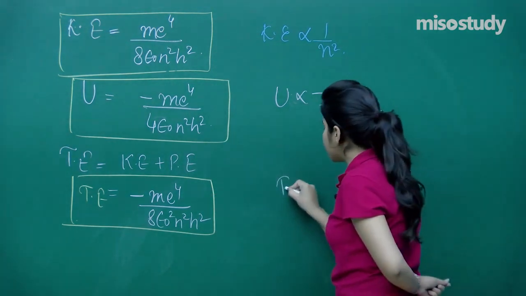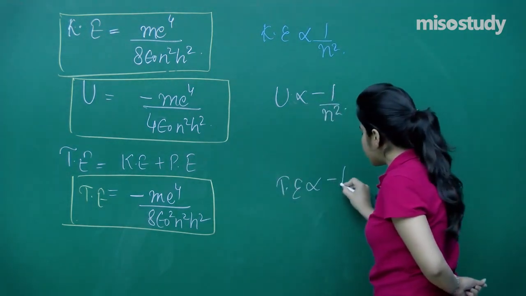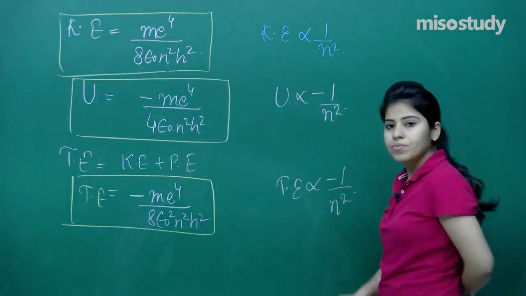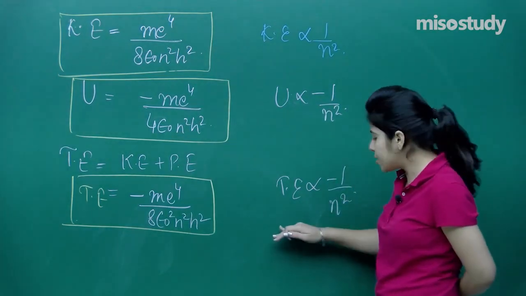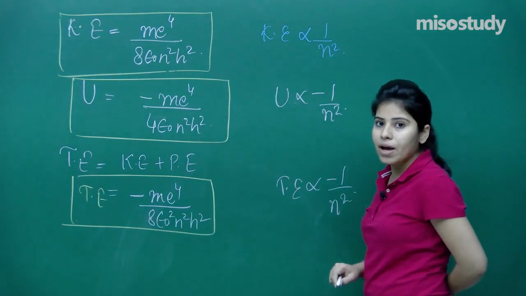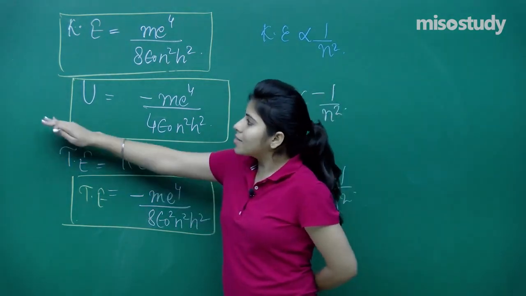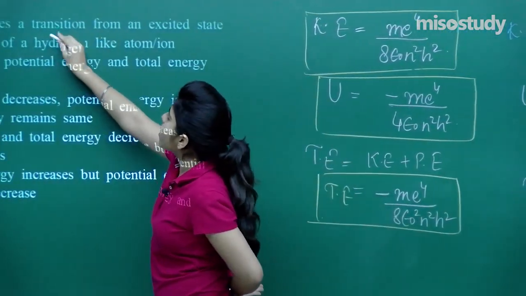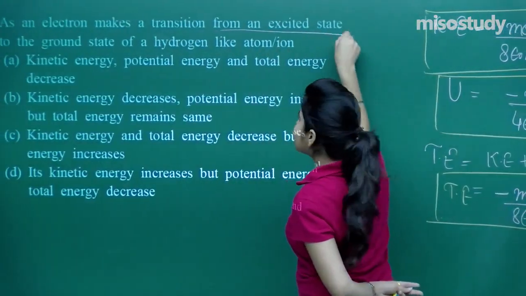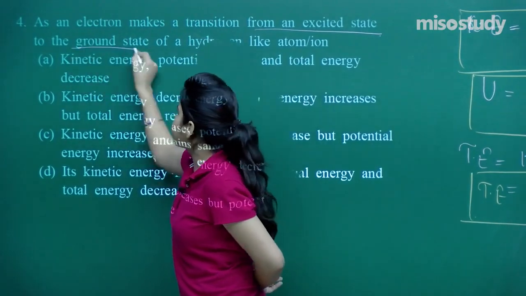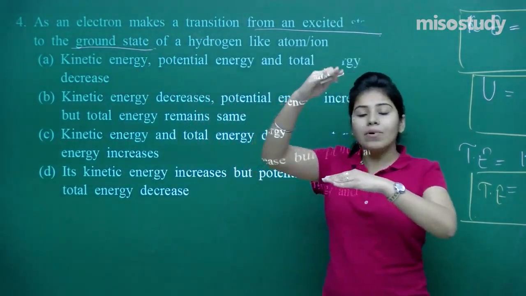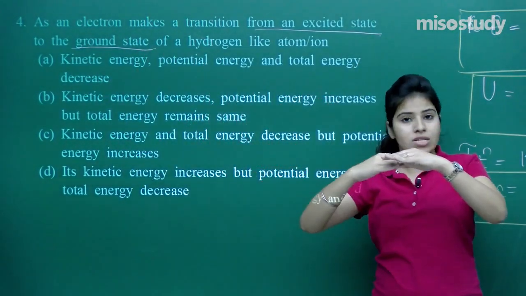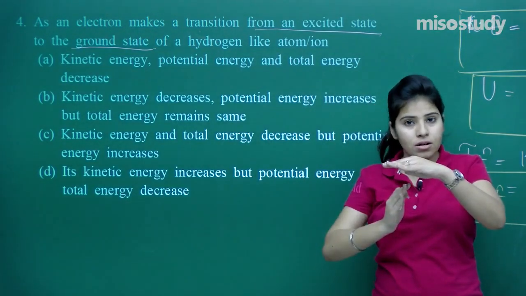Similarly, your total energy is directly proportional to minus 1 by n square. So in this case, if the electron is making a transition from the excited state to the ground state, that means your n is decreasing, right?